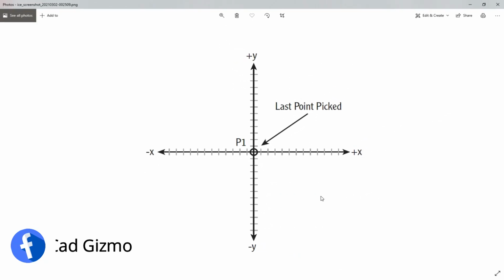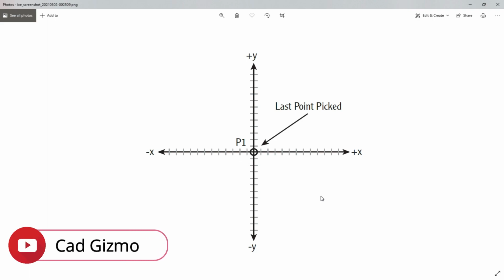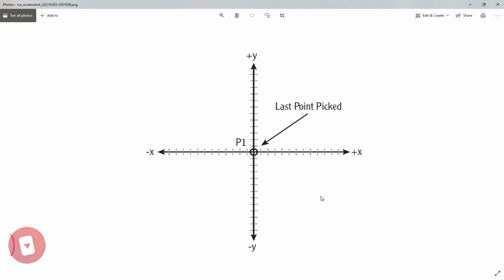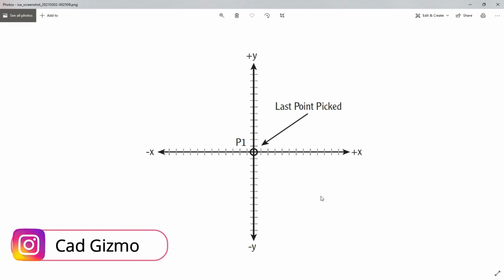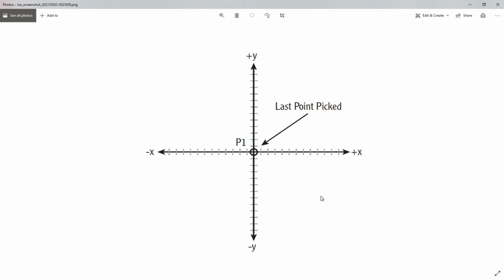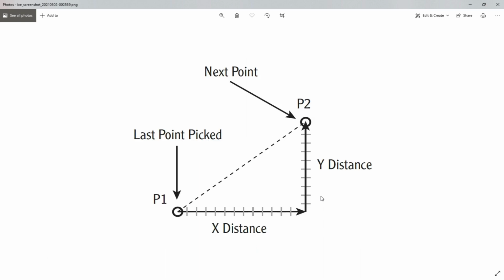So guys, relative coordinate system is the second part, and in the relative coordinate system it locates the points relative to the last point picked. In this, the origin 0, 0 is not fixed, it moves with the next point, and in this we tell AutoCAD how far left or right and up and down our point is located.